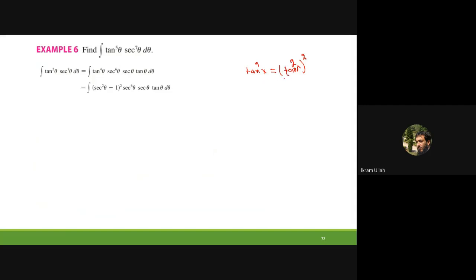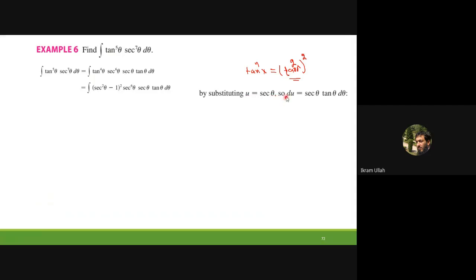Okay, so what is this? This is equal to, using the identity, because tangent square x is equal to secant square theta minus 1, a whole square will come, and this is secant theta, and this is secant theta tangent theta d theta. Now substitute using u is equal to secant theta.